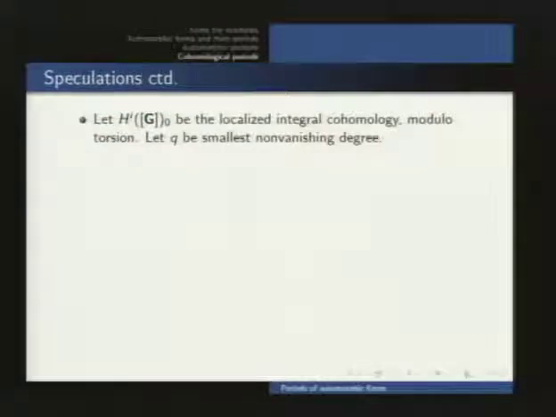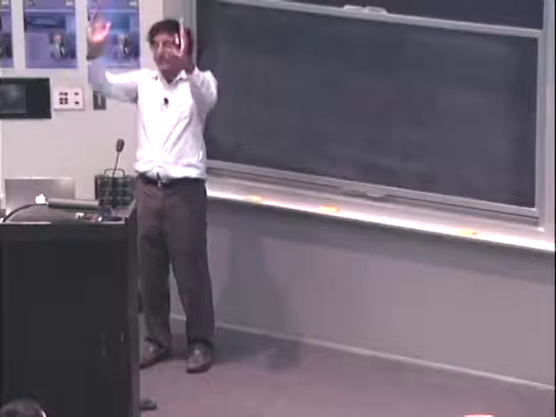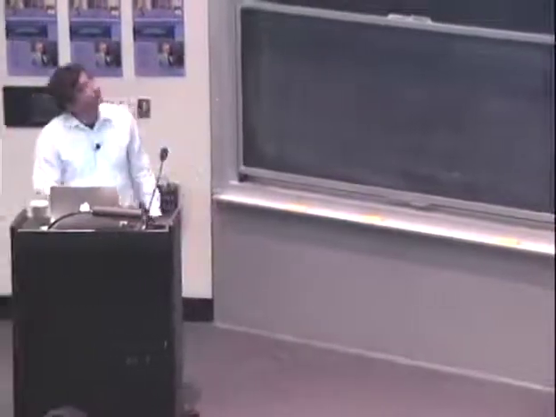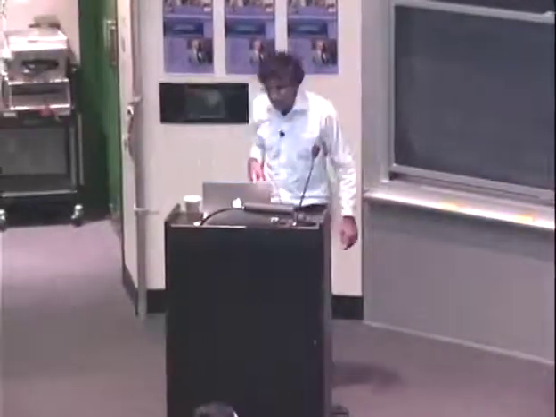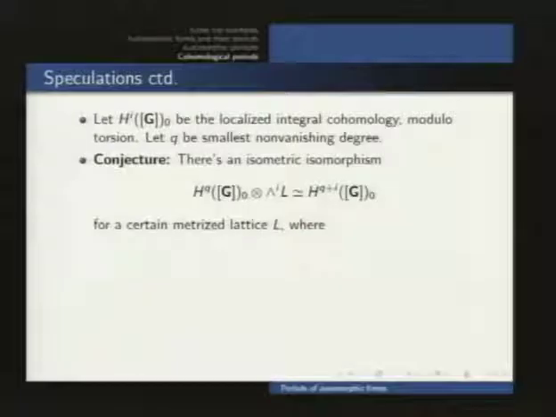Okay, so here's the cohomology. As I said, it's localized, but you can ignore that. Let Q be the smallest degree in which that cohomology is non-zero. This cohomology is non-zero in some range around the middle dimension. Here I'm trying to describe the structure of this thing as a lattice with a metric.